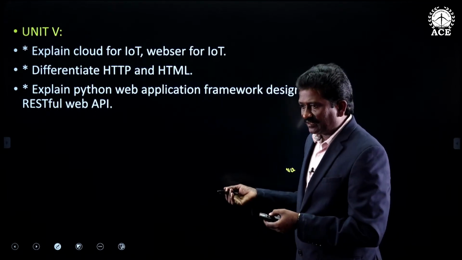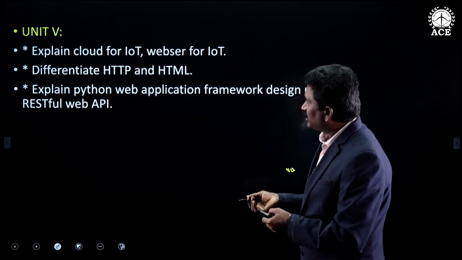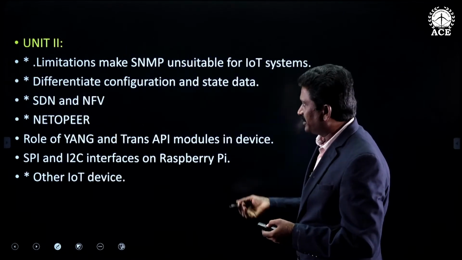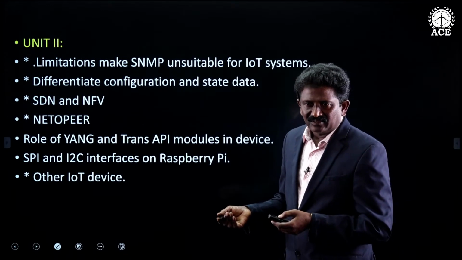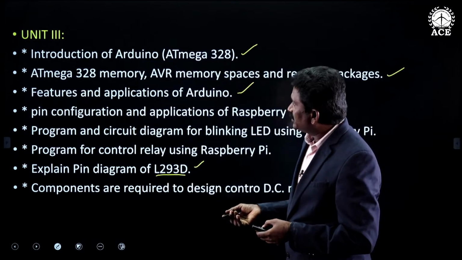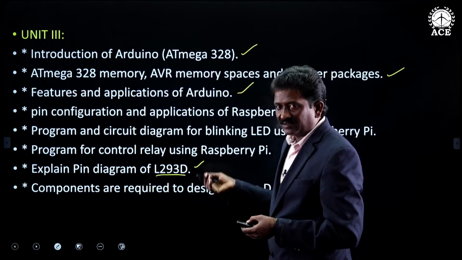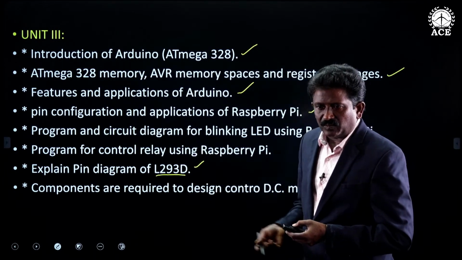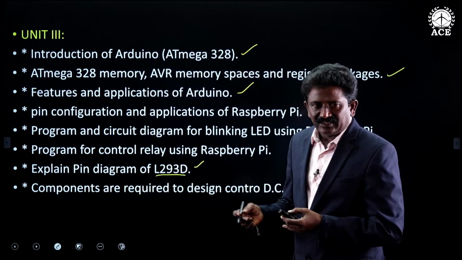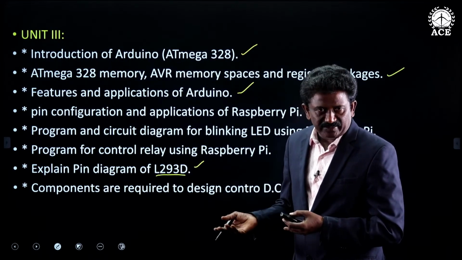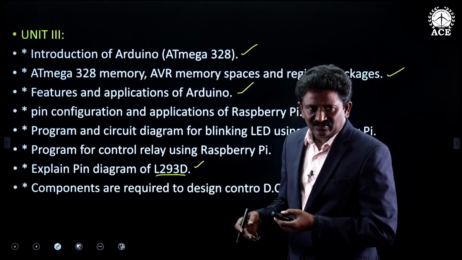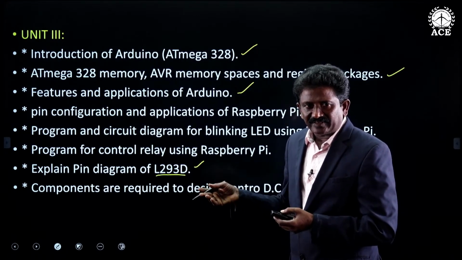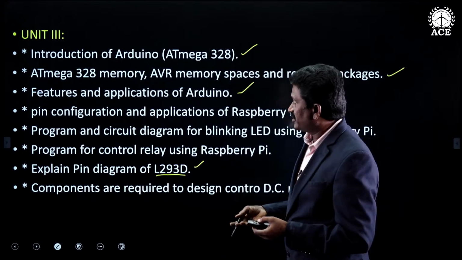Your unit 2 will give some idea about machine-to-machine communication. Unit 3 will give an idea about processors, Arduino, Raspberry Pi. We have some other devices also, with which we can take some extension.